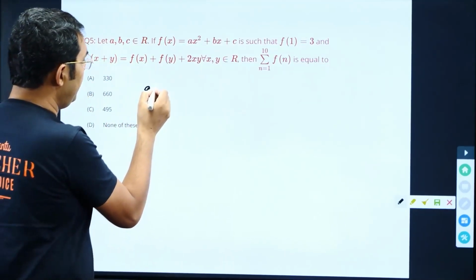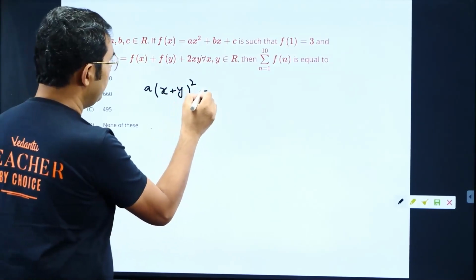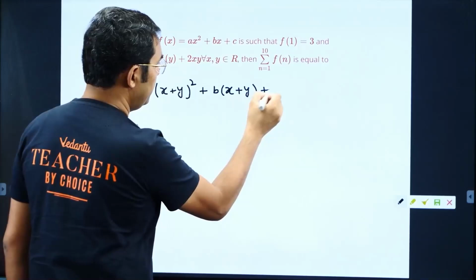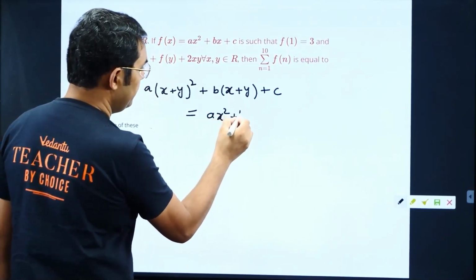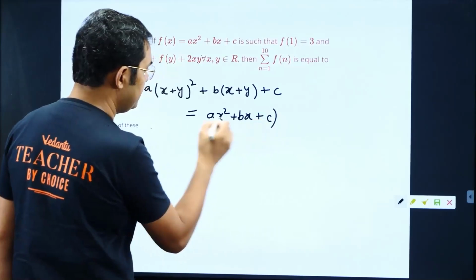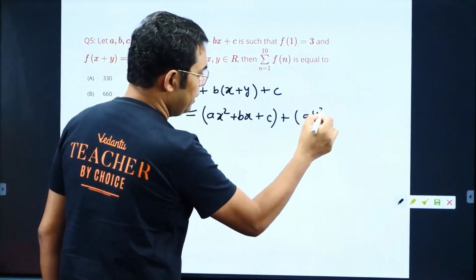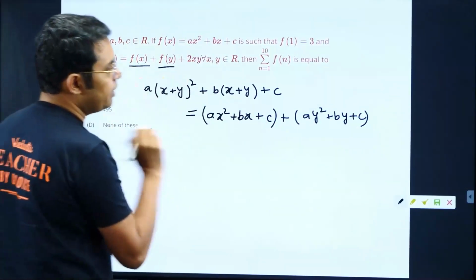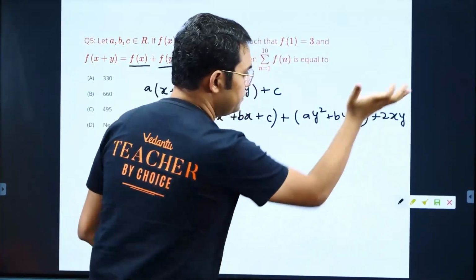we can write this as a into (x plus y) whole square plus b into (x plus y) plus c, and that will be equal to ax square plus bx plus c, that is f(x), plus ay square plus by plus c, that is f(y), plus 2 times xy.